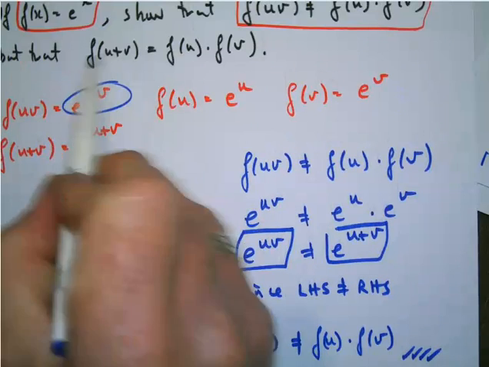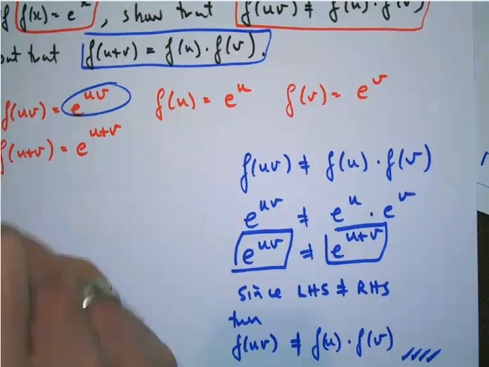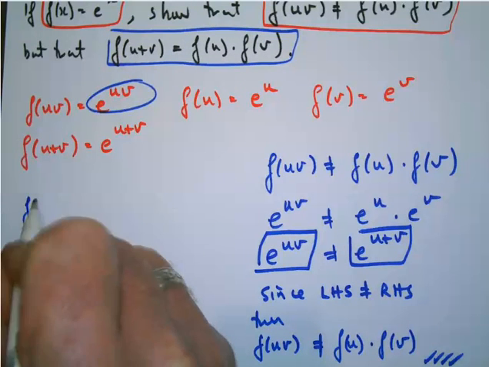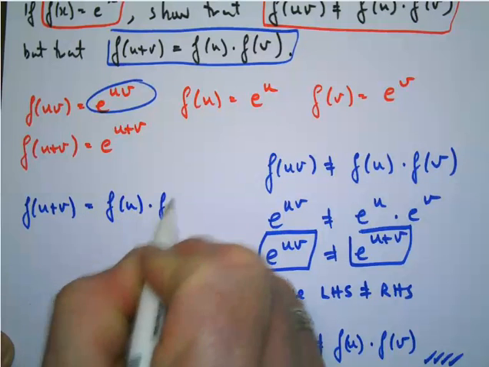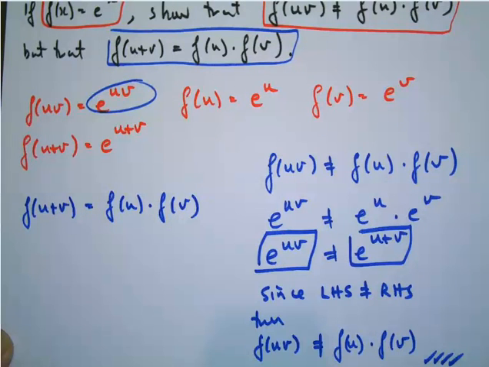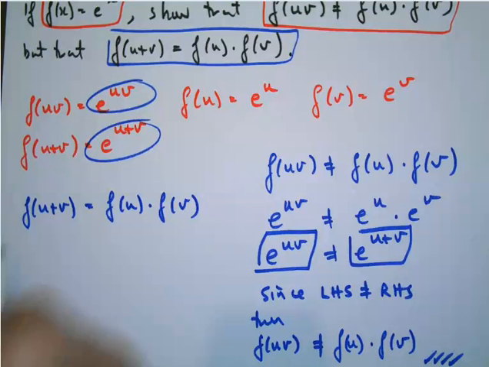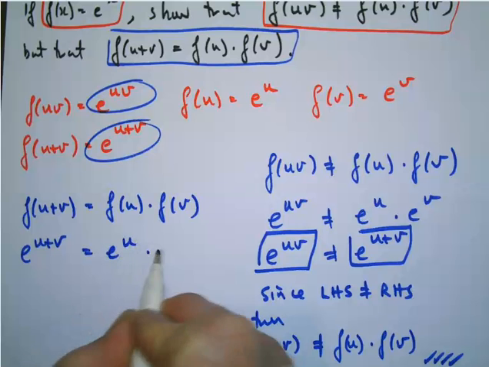How do I show that this does equal that? F of u plus v equals f of u times f of v, and that's what I need to show does exist. This is what f of u plus v is. E to the u plus v equals e to the u times e to the v.